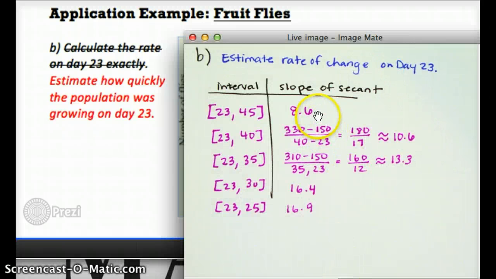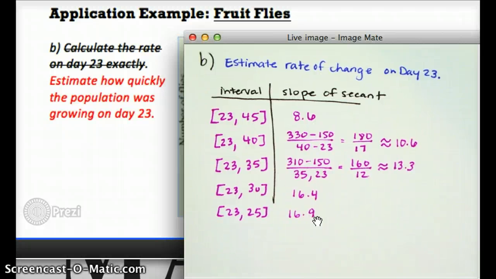The slopes are increasing, and in fact, it looks like they're getting closer and closer to something around 17. We don't know if that's really the slope. That's an estimate, based on these calculations that we've done. It's not a precise number. We'll learn next unit how to precisely calculate this slope. For now, we're just going to rest with that estimate.